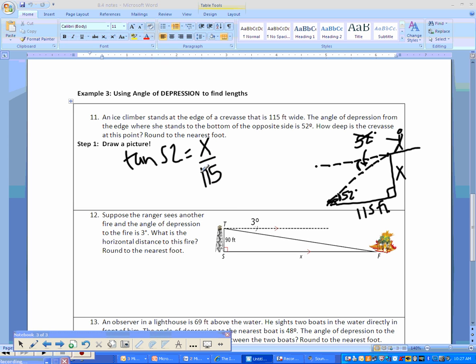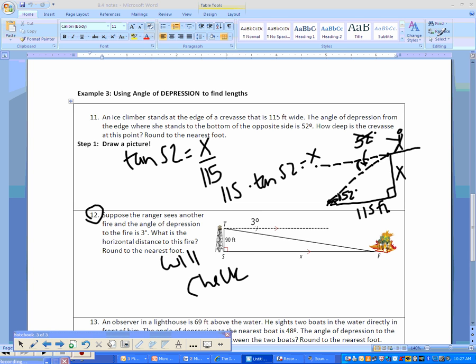The opposite of dividing by 115 is multiplying by 115. So we have 115 times tan 52 equals x. So pop that into your calculator and tell me how far that crevice is. Okay, you're going to try to do number 12, and I will check this in class.